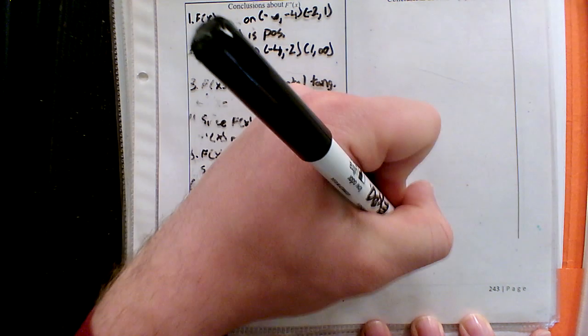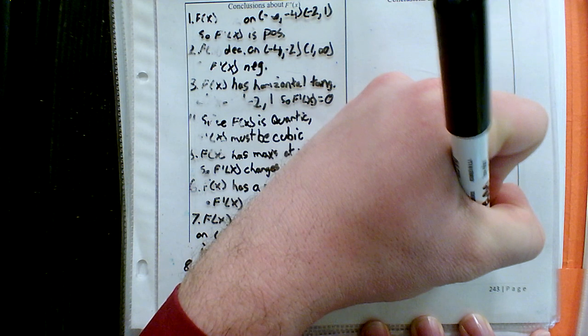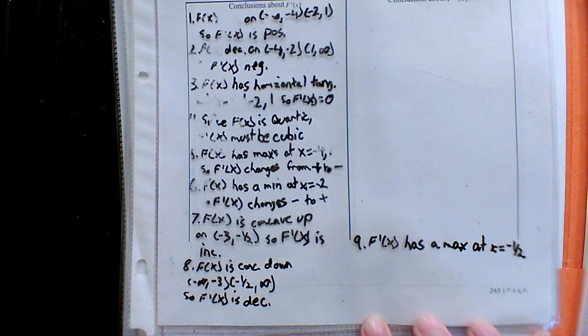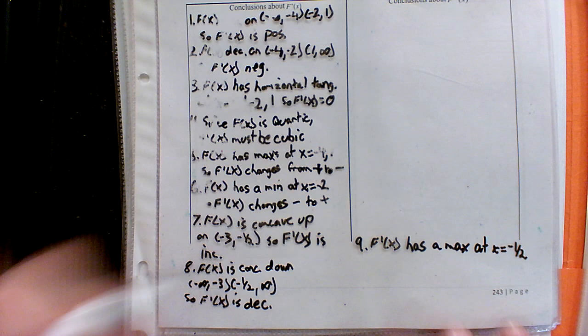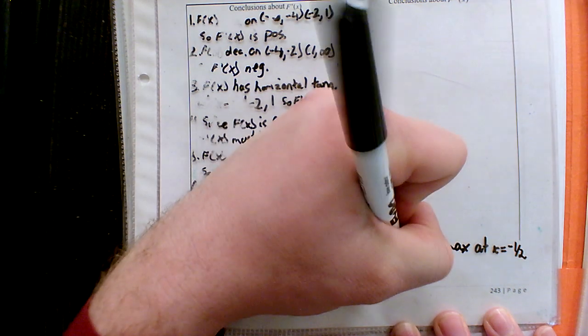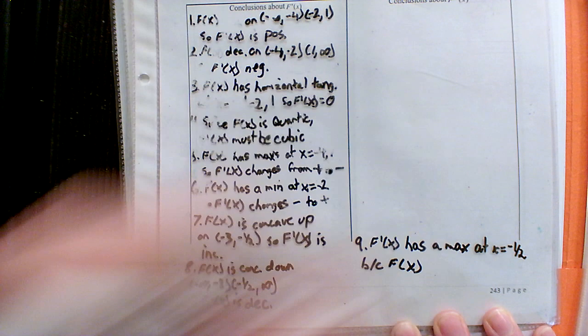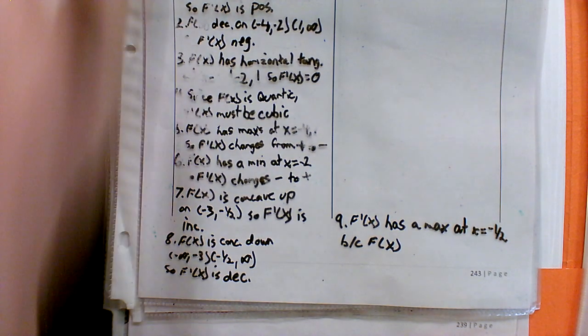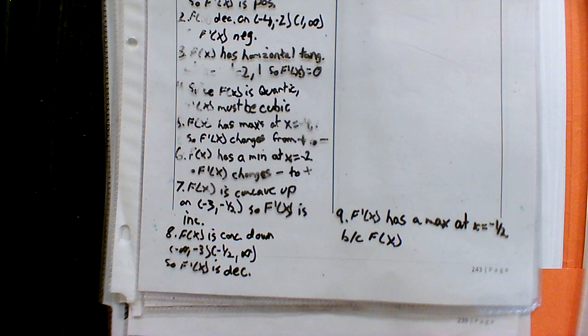f prime of x has a max at x equals -1/2 because f of x does what? Dan?